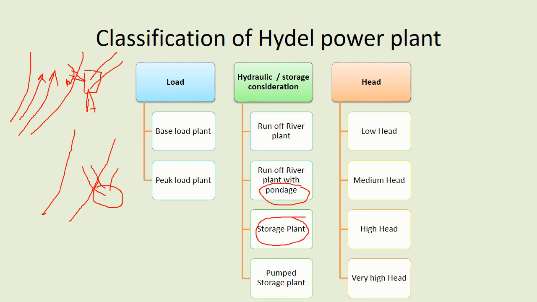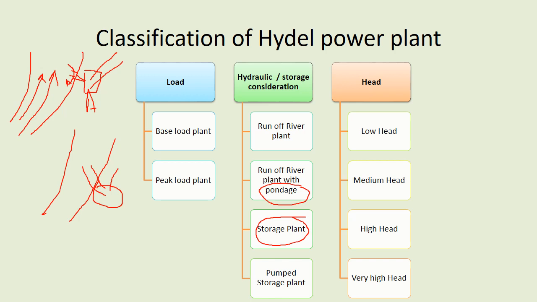So these plants are not fit to generate electricity annually, since it depends on the availability of water.